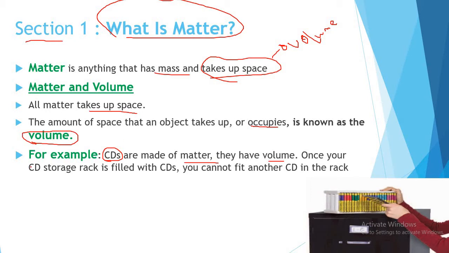Once your CD storage rack is filled with CDs, like this rack, you cannot fit another CD. So you cannot put this CD into the CD storage rack. Why? Because the CDs take up space and have a volume.